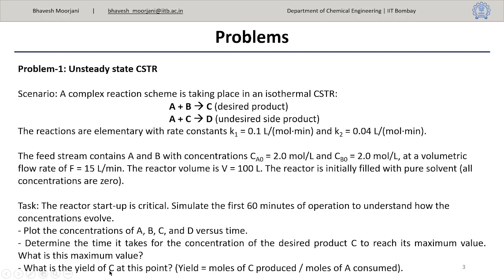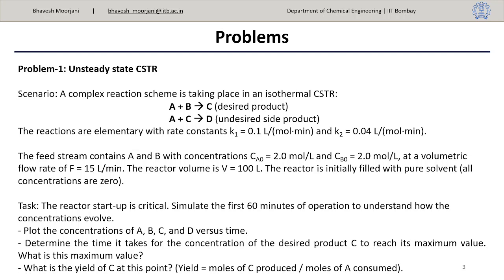We have also been asked for the yield of C at the maximum value, right? Yield is given as moles of product created divided by moles of reactant consumed. This is the problem statement that we have been given.